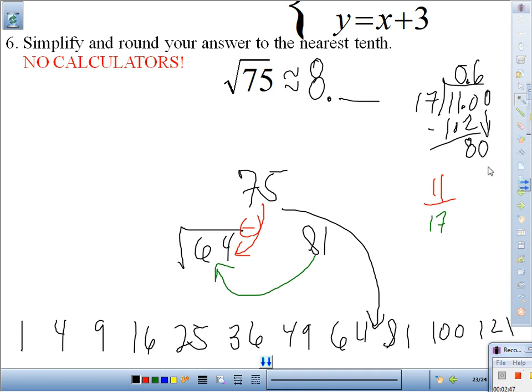It's in there, 4. That's 68. Subtract, that's 12. And I'll stop right there. This stays a 6, so this is 8.6. Okay? Yes, Mr. Q. All right, good.